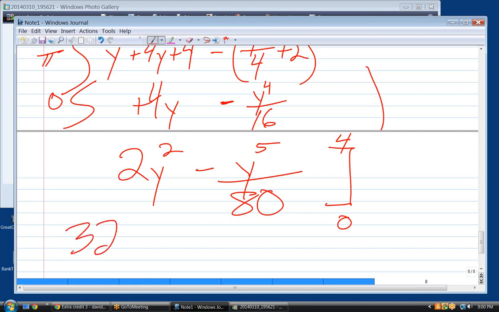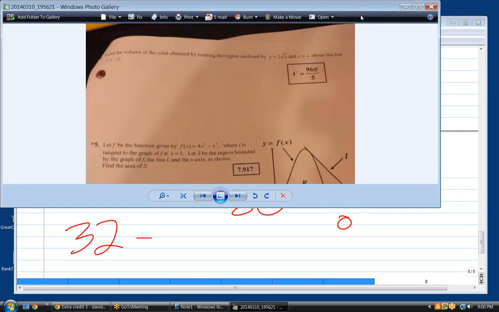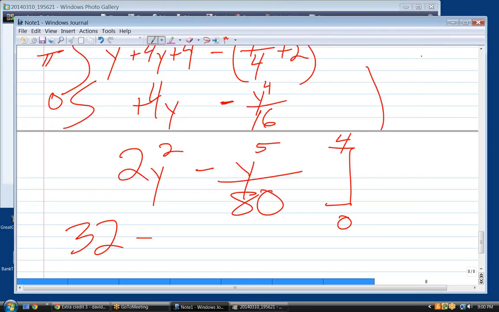That's 32 minus, I don't like the way it's going already, 96 over 5. Okay, we might be able to come up with 96 over 5.